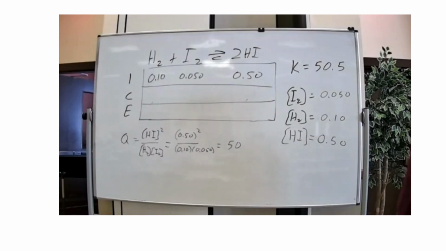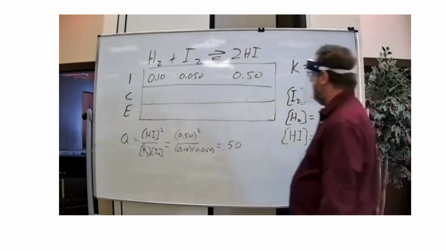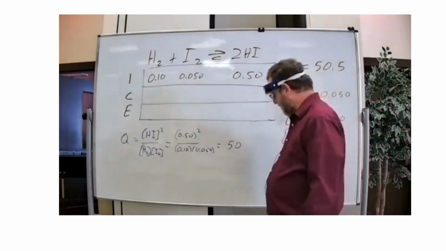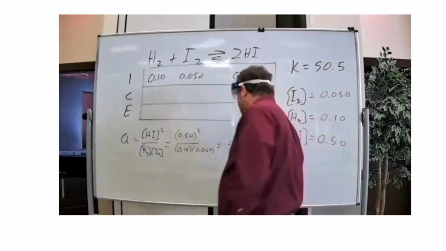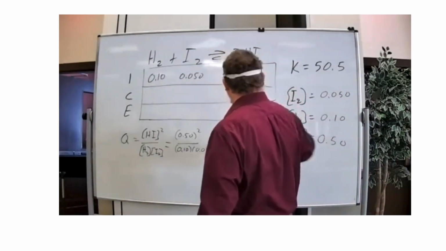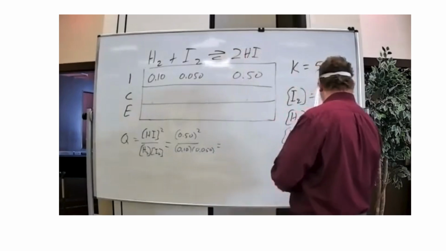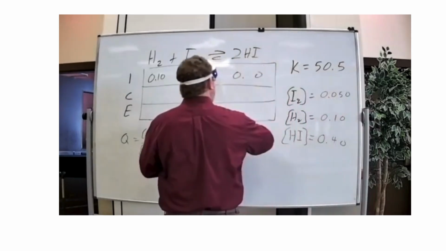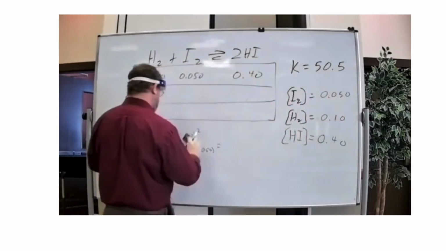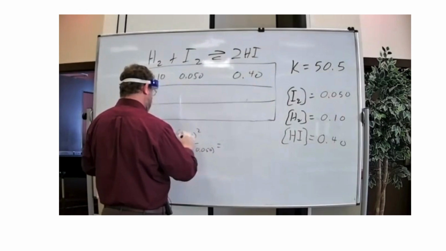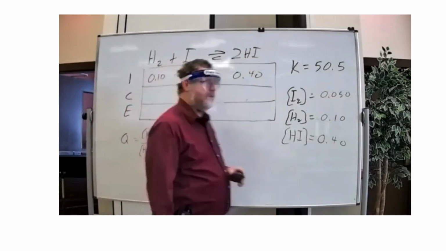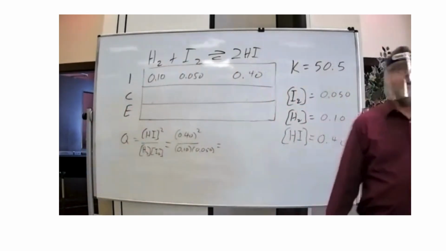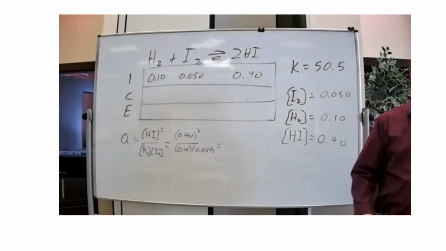Okay, let's do something. All right, forgive me for this. Because I made it too close to equilibrium and I've only got two significant figures, I'm going to change this up a little bit just to mess with everybody. We're just going to make that 0.40. Which then is not going to be 50 anymore.